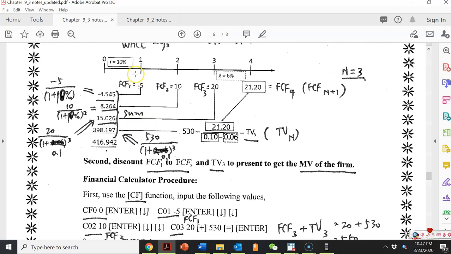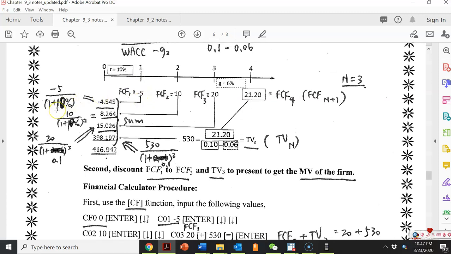Alternatively, you can also discount manually one by one. For free cash flow 1, it's -5 divided by 1 plus R, 10%. So we have -4.545. For cash flow 2, we have 10 divided by 1 plus 10% squared, 1 plus WACC squared. So we have 8.264. For free cash flow 3, we can use 20 divided by 1 plus 10% cubed.